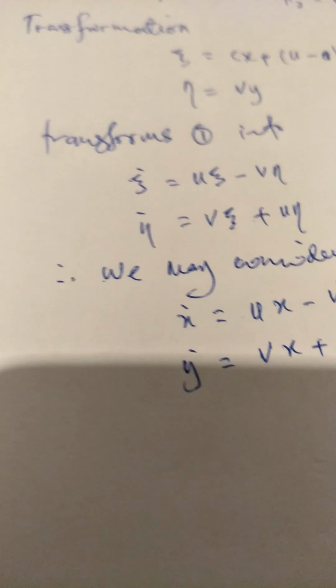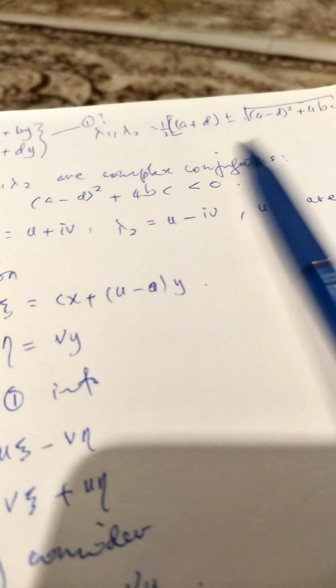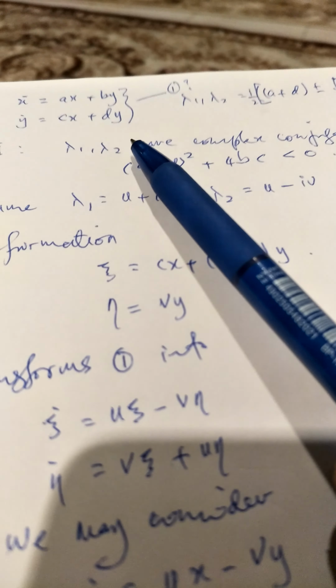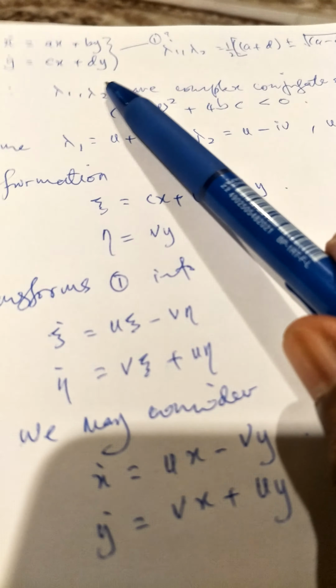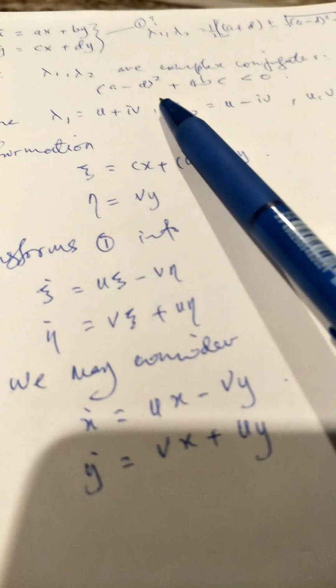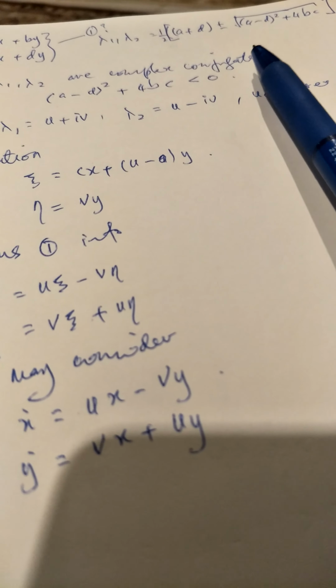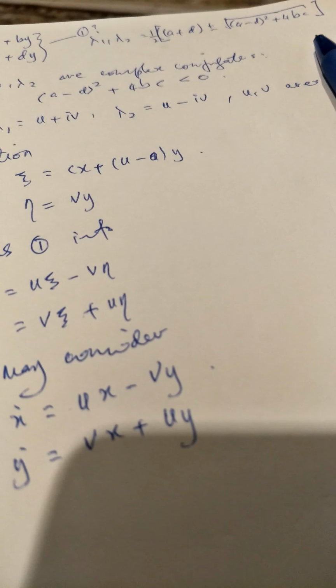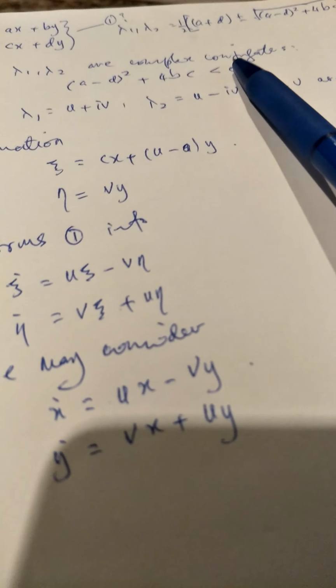So now consider the roots that we have from that system. This explanation is just to show that the system with such complex conjugate roots has the condition that everything inside the square root is negative.